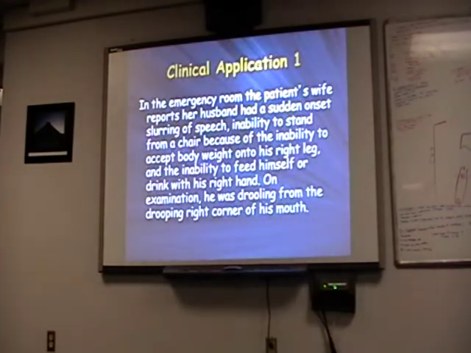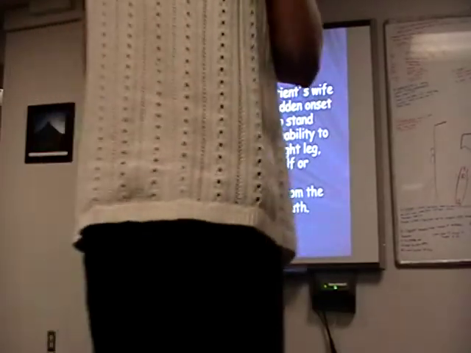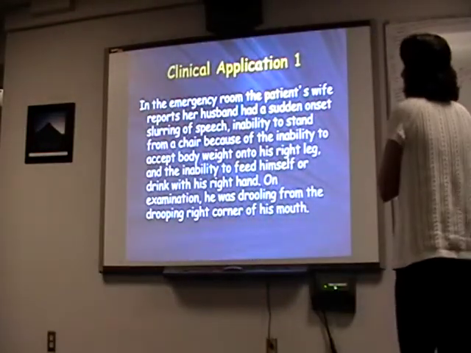Or somebody has hemiballistic movements, where would that be? Basal ganglia, which one? Subthalamic nucleus. Okay. All right, let's try this one.